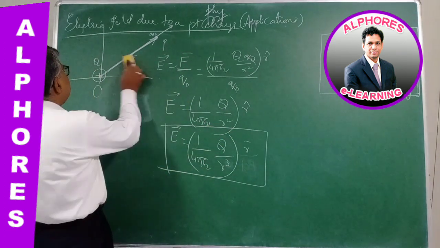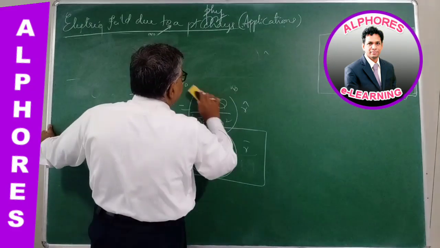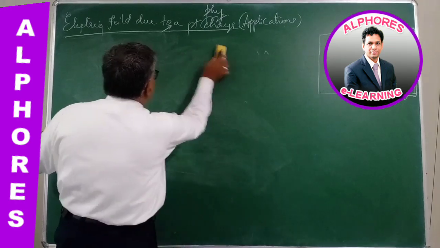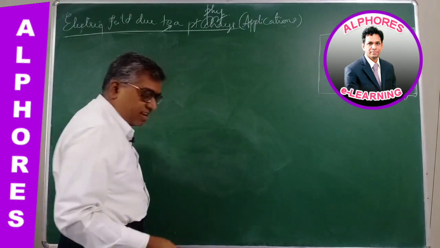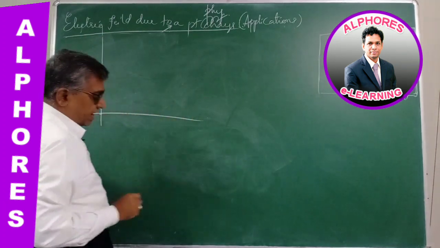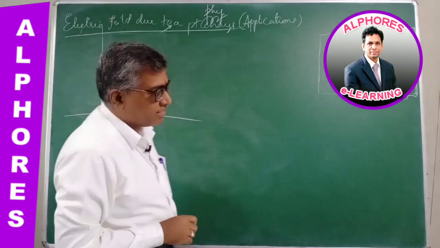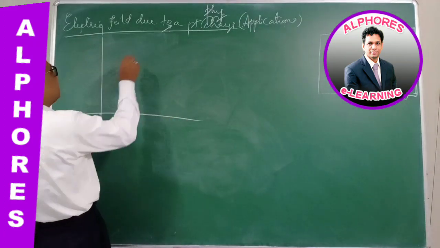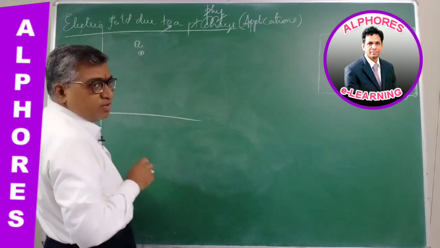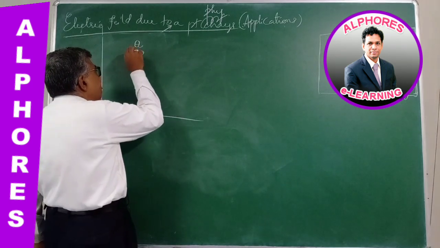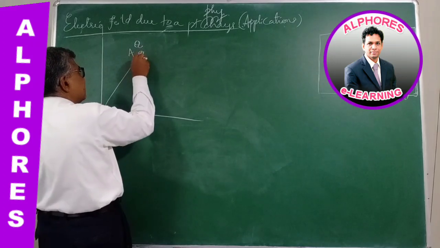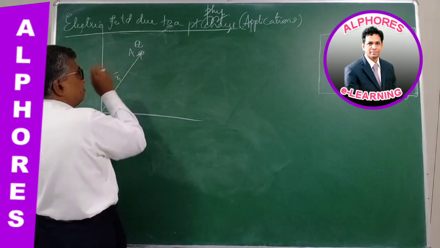Now let us understand how to write the vector form of the electric field if the charge is not at the origin. For example, consider a three-dimensional Cartesian plane like this. Now let the charge whose electric field we have to find be capital Q. Let this be at a point A here, whose radius vector is r1 bar.